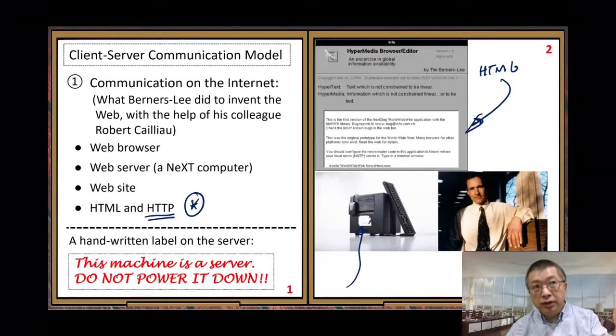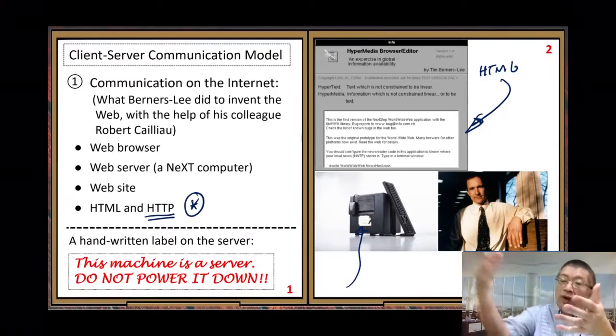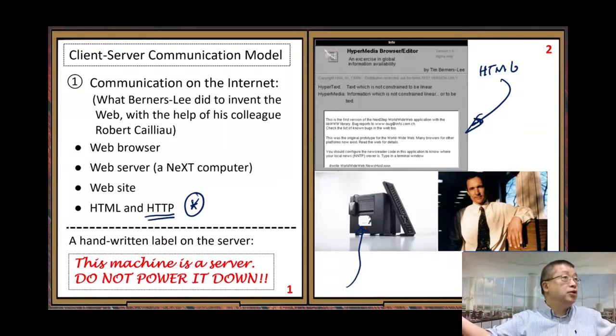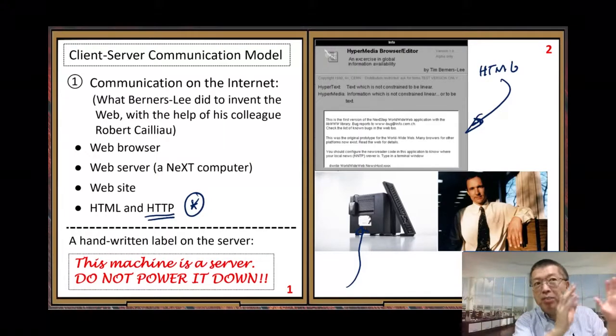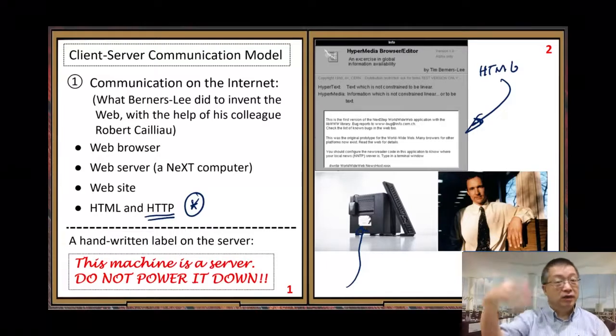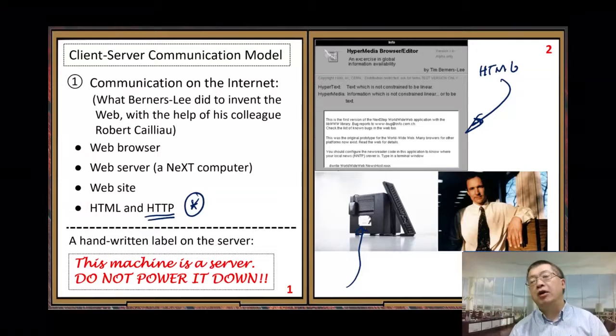But based on ordinary people's experience, if one person sees a machine running there but nobody is using it, then that person, trying to save some electricity or protect that machine, is very likely to shut down, turn off that computer, right?